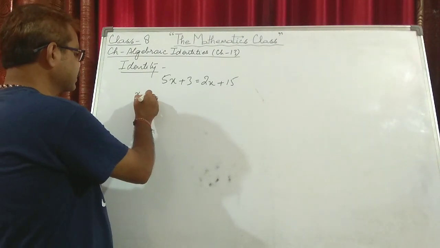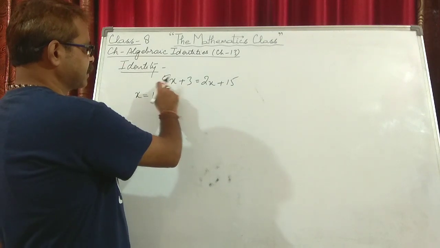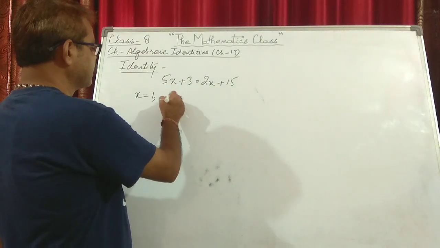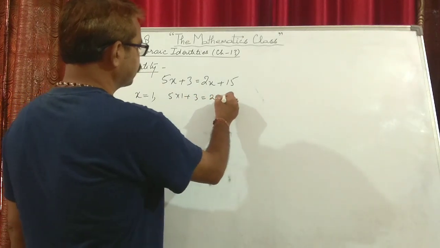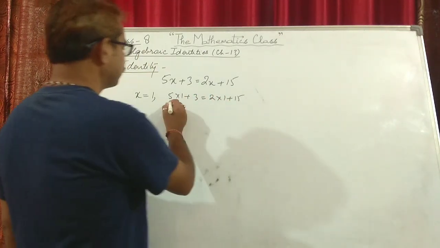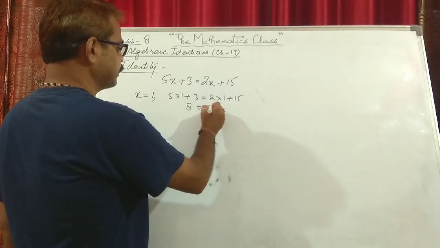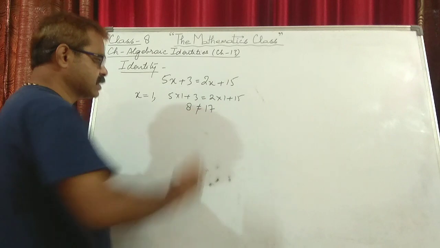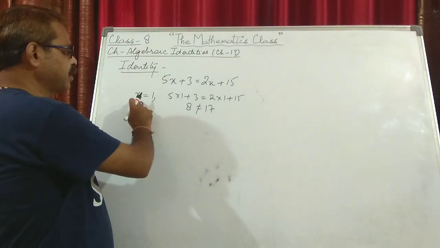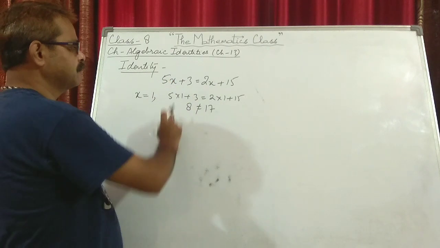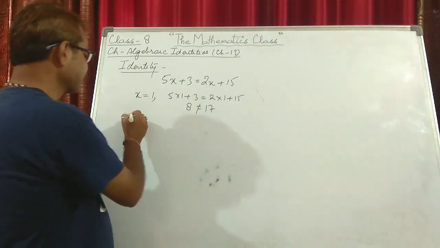If I say x is equal to 1 and substitute x as 1, it will be 5 into 1 plus 3 is equal to 2 into 1 plus 15. 5 and 3 is 8 and 15 and 2 is 17. So you can see that 8 and 17 are not equal. It means this value of x will not satisfy this equation.